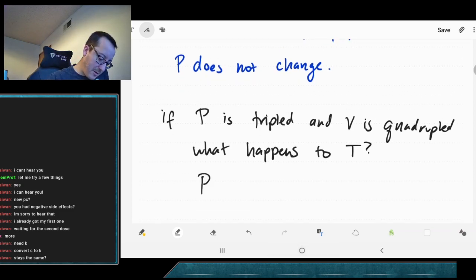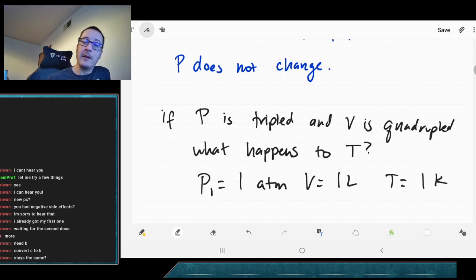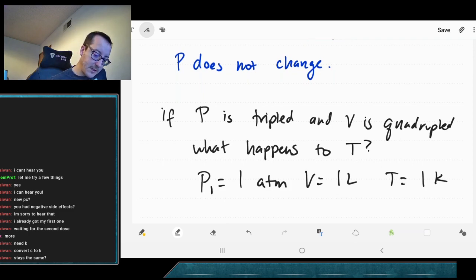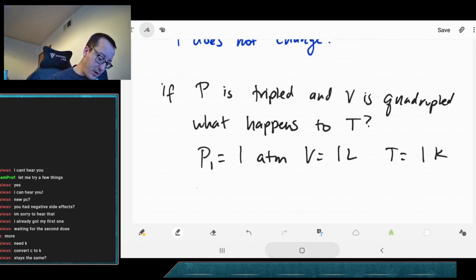So I would recommend, let's just choose easy numbers. I mean, 1 Kelvin is kind of absurdly cold, but who cares? It's a conceptual question. So pressure 2 is going to be tripled. The volume is quadrupled.